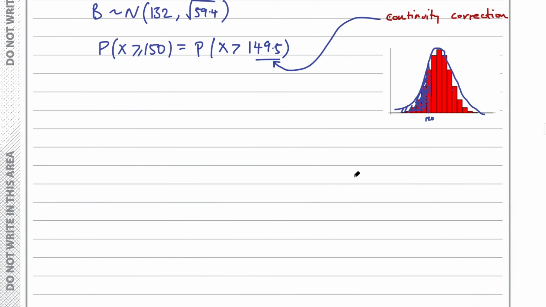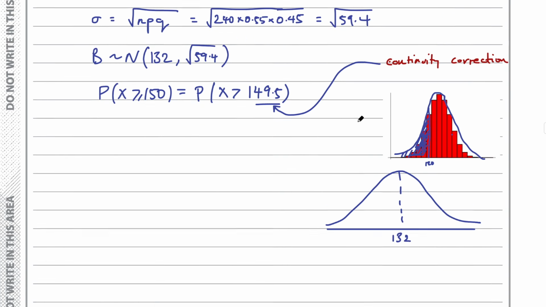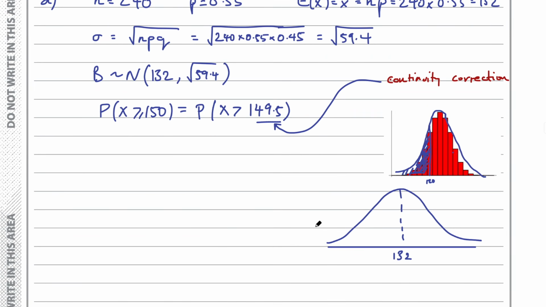And I'm just going to draw another diagram because, as I've already said, I love diagrams. So if we had a normal distribution with a mean of 132, remember that was our expected value, and we're looking for greater than 150 or 149.5. So we're looking for this proportion of the normal distribution up here.